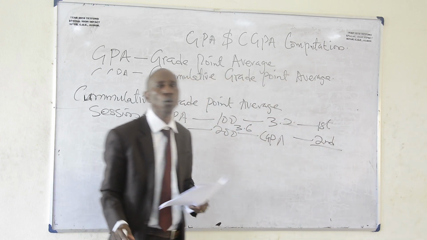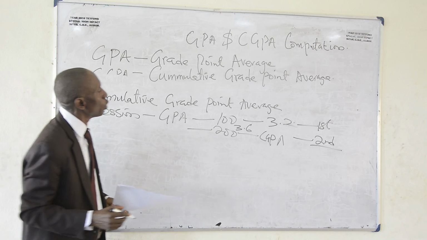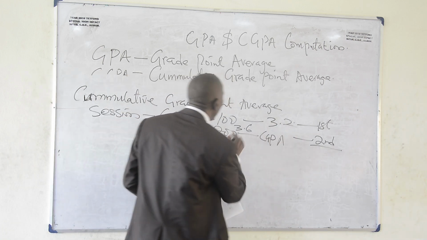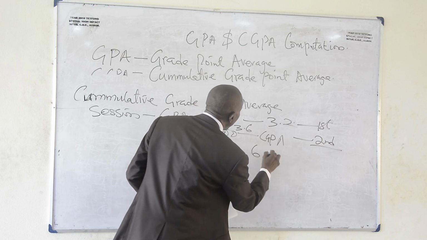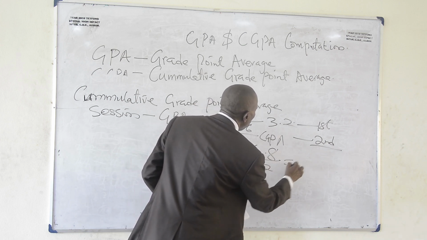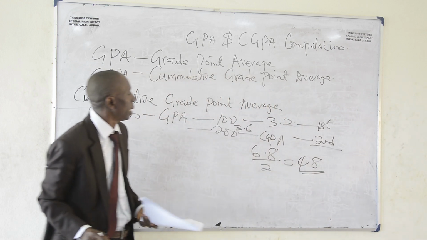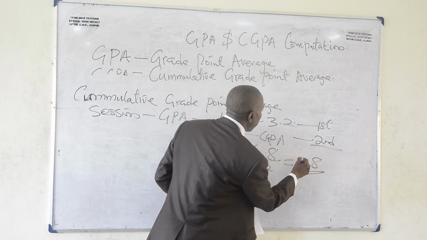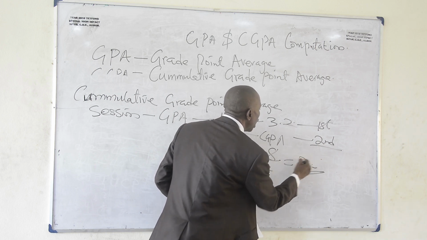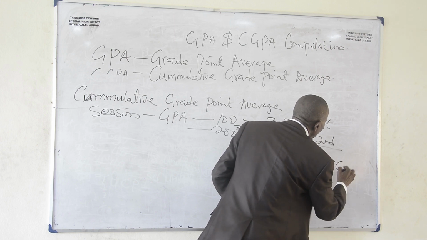So for a student who is getting 3.2 and 3.6, this will now be 6.8 over 2, which will give you 3.4 CGPA.